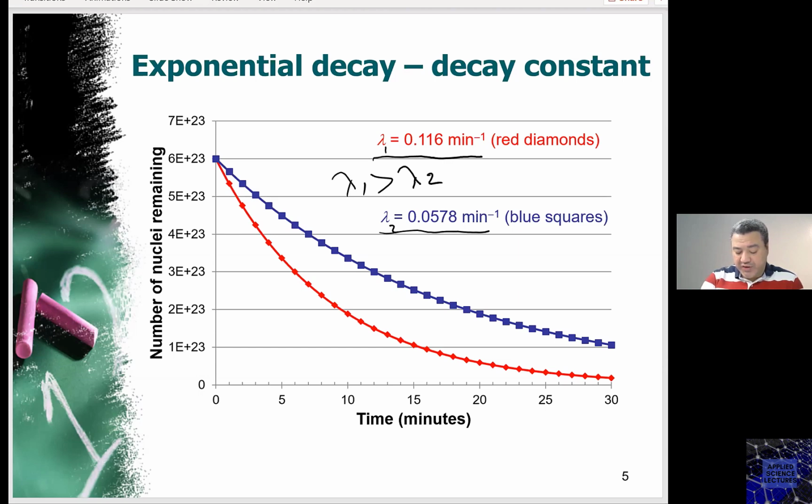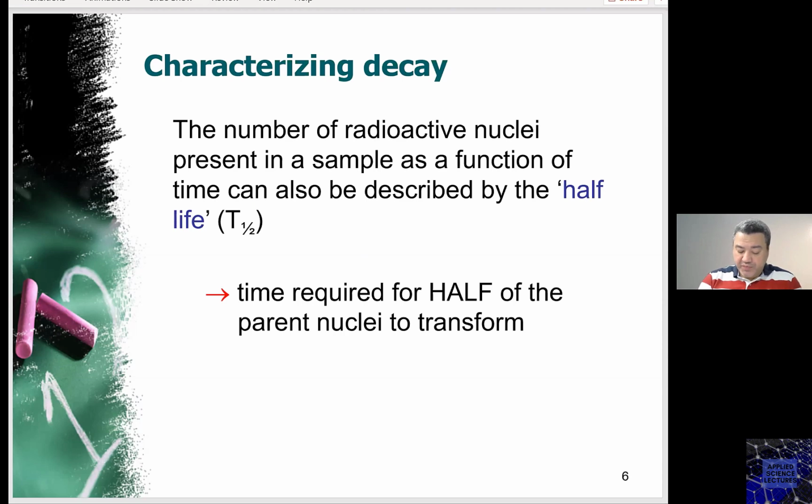And the decay for the function with lambda 1 is happening faster than for the function with lambda 2. So the number of radioactive nuclei is a function of time.